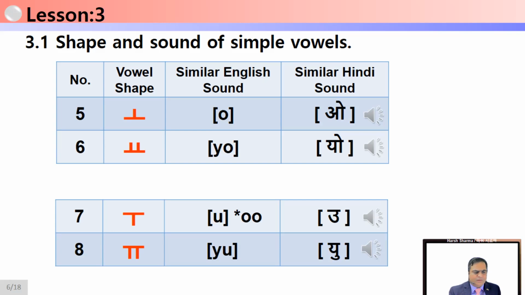Come to the next pair, number 7, oo. Make this shape 5 times: one horizontal line, and in the center towards the downside, a small vertical line. Ooh, 5 times, and at the same time do the pronunciation also.